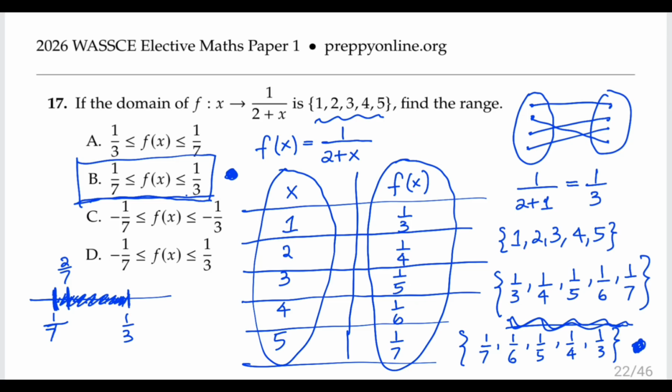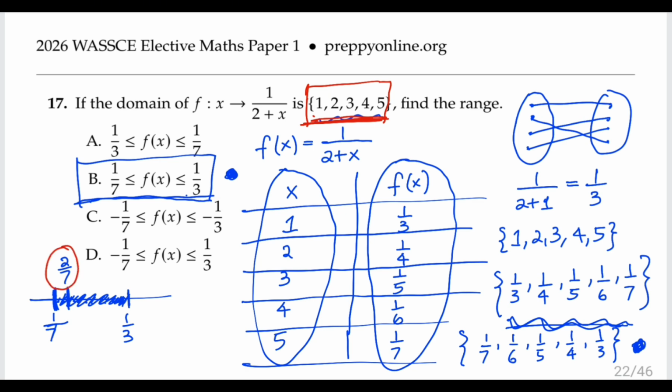But if you say this number, 2 over 7, is in the range, then the question is, what value of x? Remember that we started by saying that the domain is a finite domain, 1, 2, 3, 4, 5. So which of the 1, 2, 3, 4, 5 is going to give you 2 over 7?